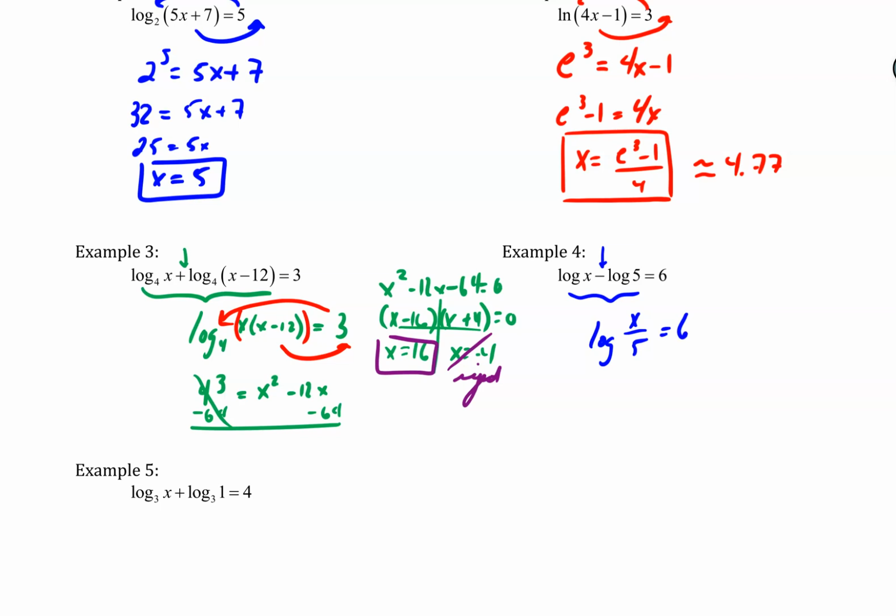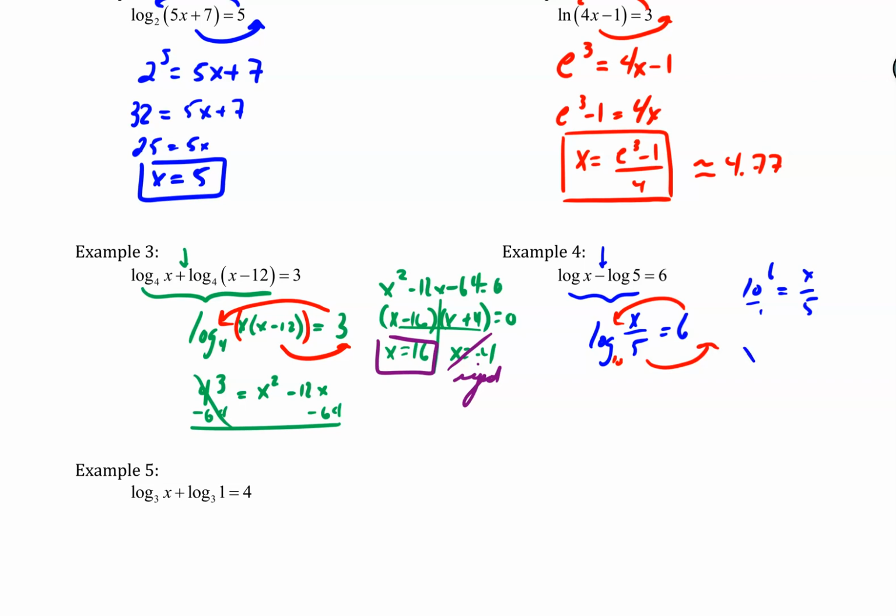So when I go to whale this one, under, over, what's the base here? I don't have anything written. Again, remember, if it's not written, by default, it's 10. So that makes this become 10 to the 6th equals x over 5. For something like this, I would put this over 1, cross multiply.